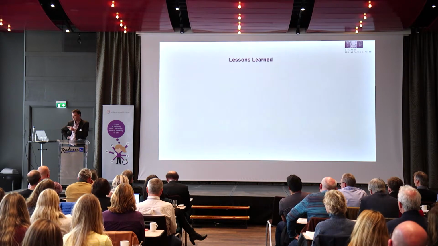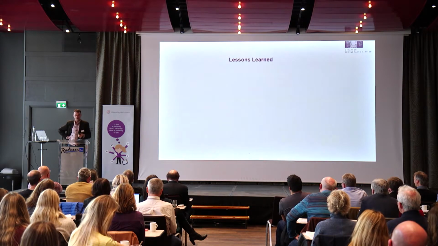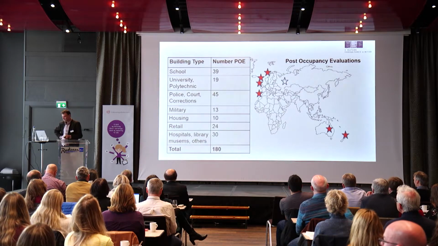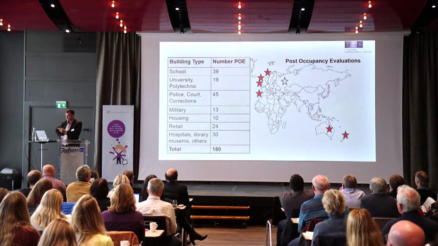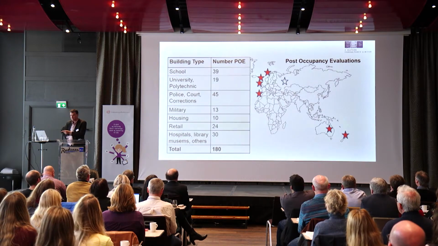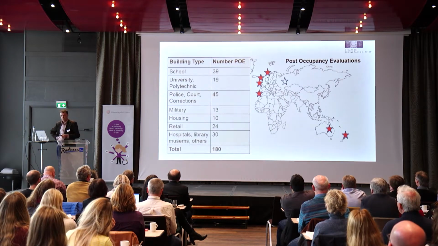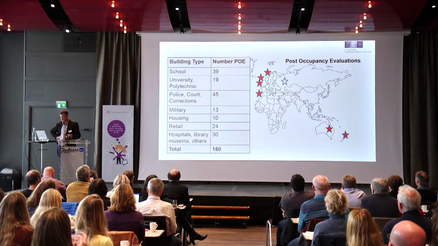So I'd like to talk about more of those now. I think there's about 10 here of problems that come up again and again in different schools and other buildings in the countries where I've worked. And that is these countries, mostly in New Zealand, a few dozen evaluations in Australia, and about 10 in the UK.